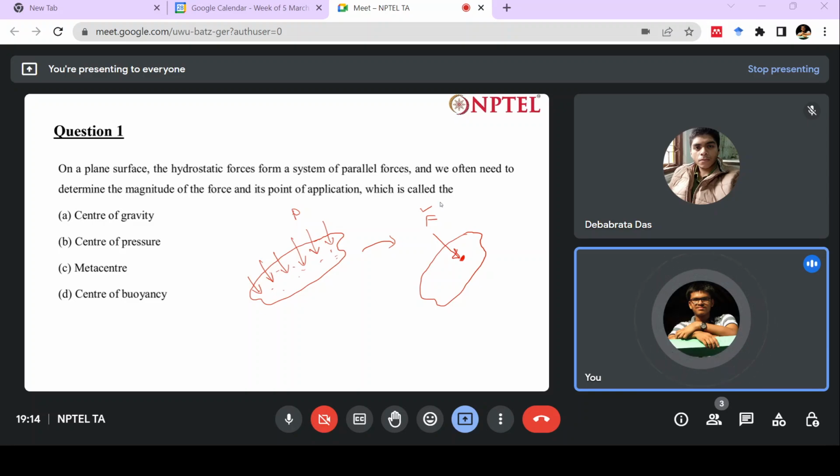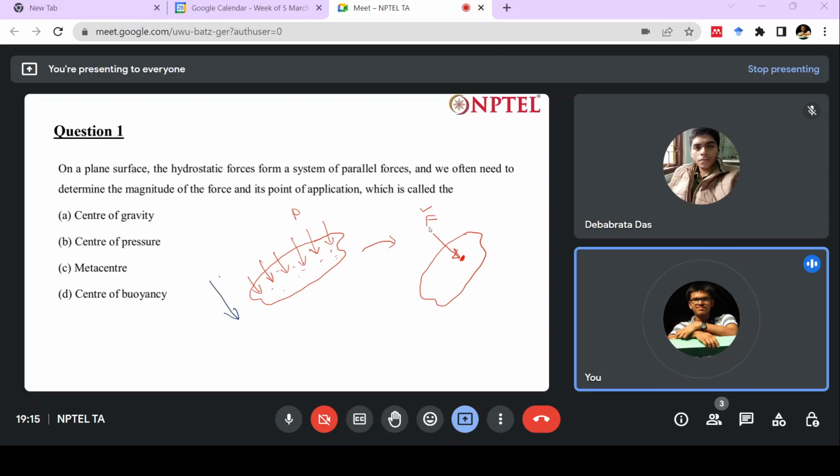But this net force can be acting anywhere, because these are all parallel forces; they all have the same general direction, which in this problem is this direction. Anywhere this force acts, it should give us the same amount of force, right? But here we are not interested in that.